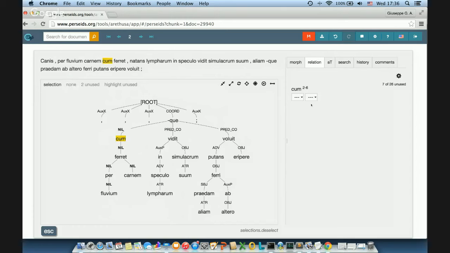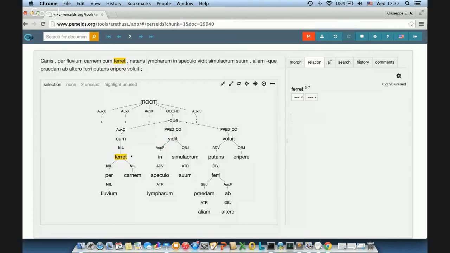And what about the labels here? Of course, we have AuxC. C stands for conjunction. This is a subordinating conjunction. Then what about ferret? Again, ferret is the verb of the subordinate clause, and we assign to the verb the function that we think the entire subordinate clause has with respect to its superordinate clause or superordinate clauses.